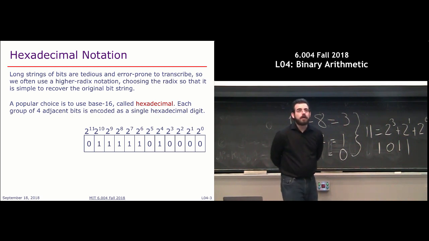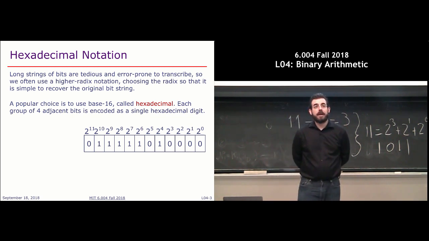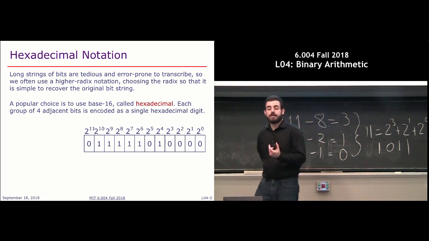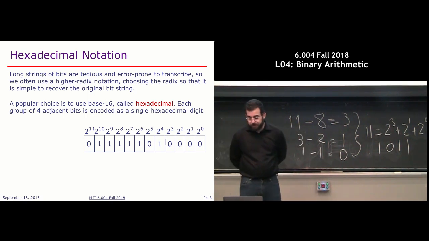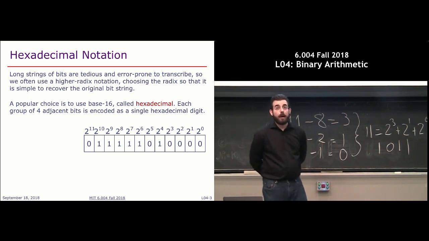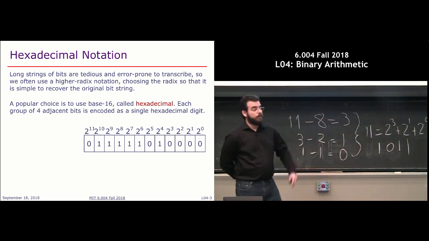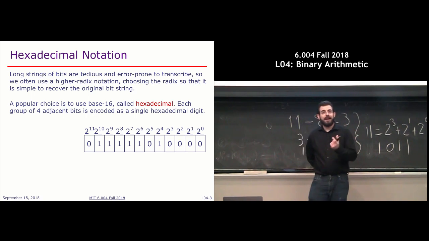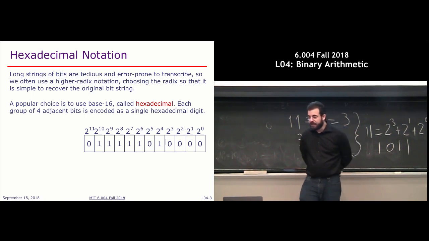So for our convenience, we often use a higher radix notation. We use a base that's larger than 2. And if you choose a base that's a power of 2, then it's very easy to transcribe from that base to binary and vice versa, because it's essentially a grouping and ungrouping of binary digits.